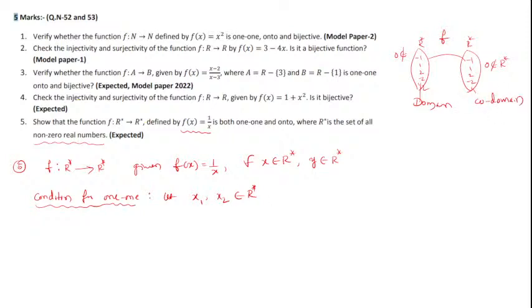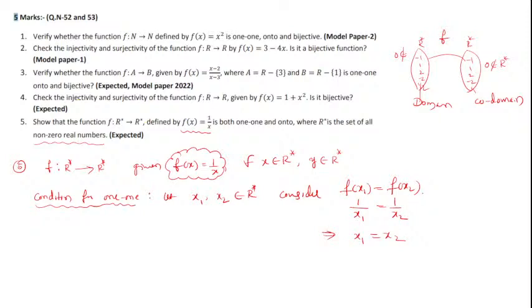Okay, consider f of x1 is equal to f of x2, right? So in f of x, replace x and update it as x1 and x2, you will get 1/x1 is equal to 1/x2. Okay, take the reciprocal, you will get x1 is equal to x2. This implies after reciprocal you will get x1 is equal to x2.